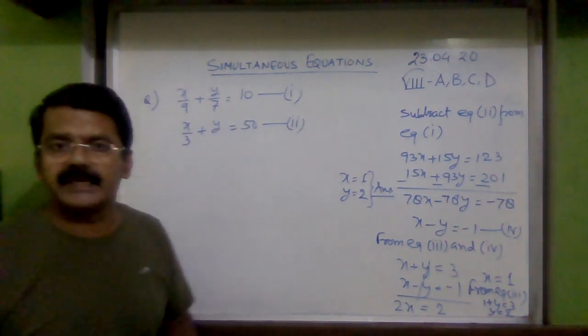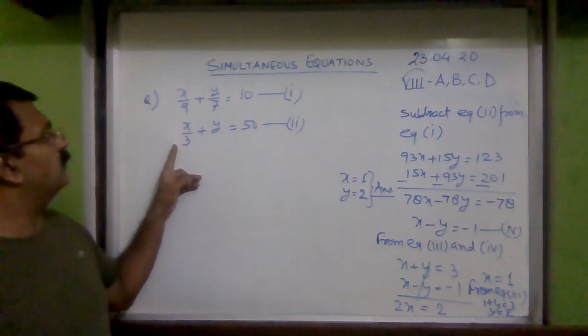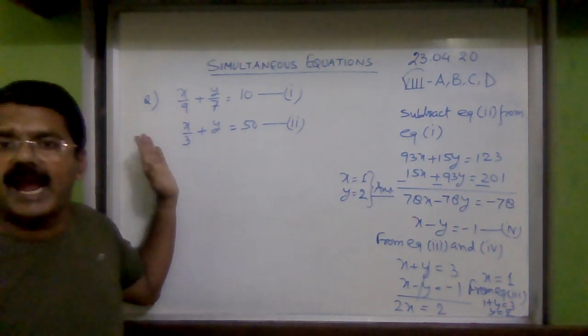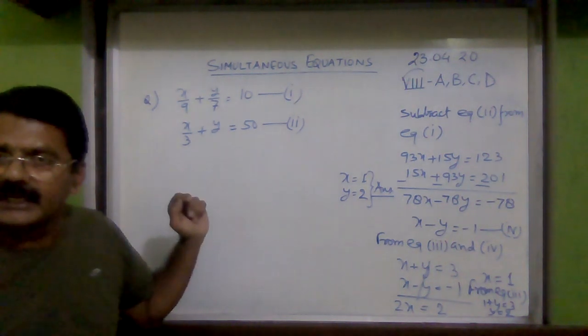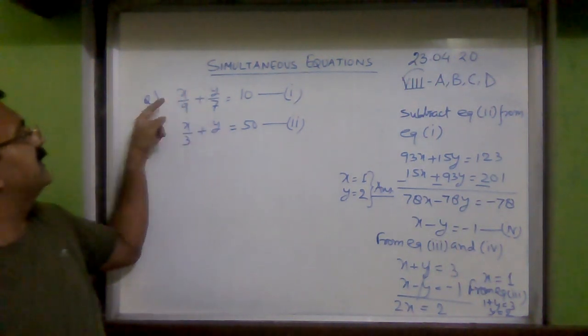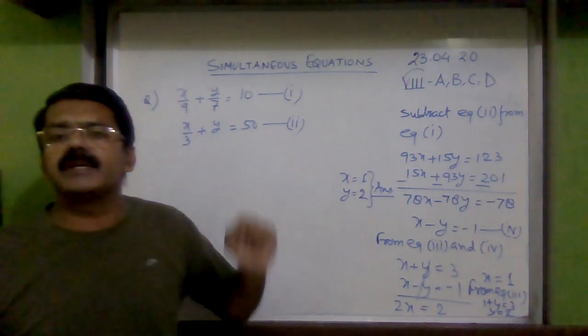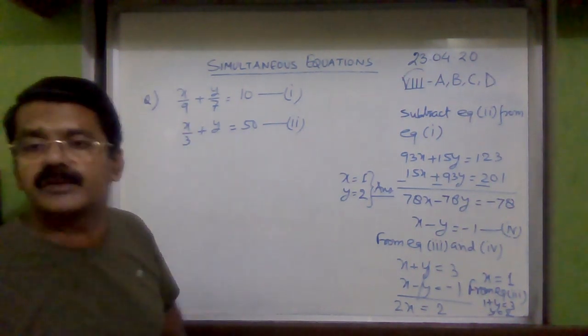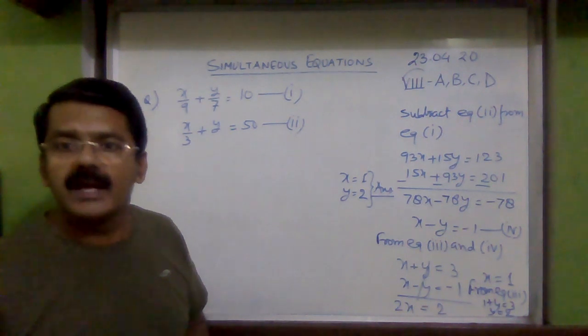Now see, in the first equation the coefficient of x is 1 upon 9 and in the second equation it is 1 upon 3. So if we multiply the first equation by 3, the coefficient of x will become 1 upon 3.